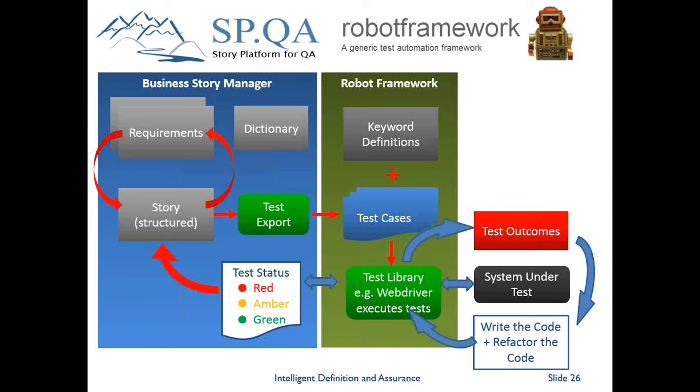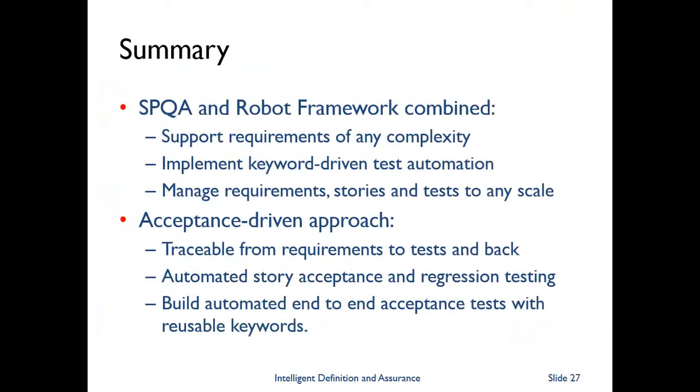Okay, so what we can now do, and demonstrate using free services and products, is how you can capture requirements, stories, scenarios, automated tests, and provide that traceability back from tests to requirements.